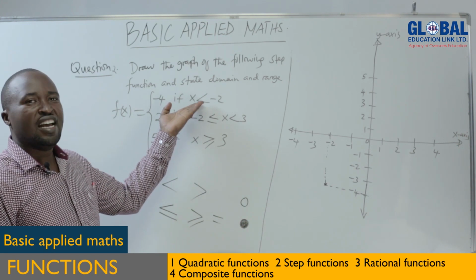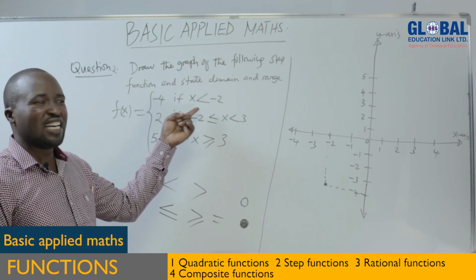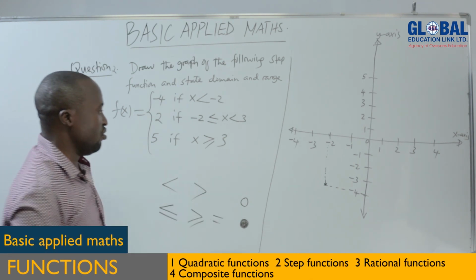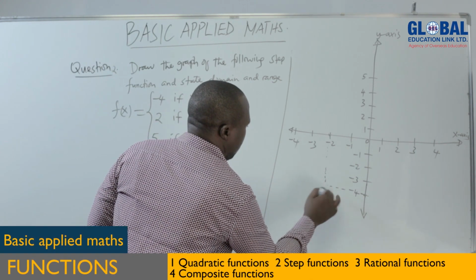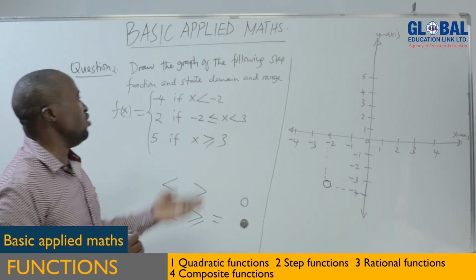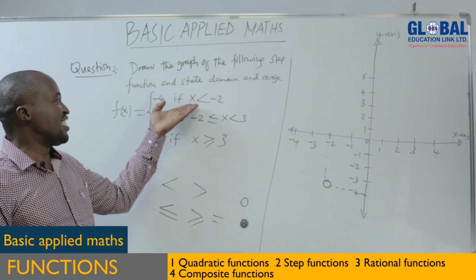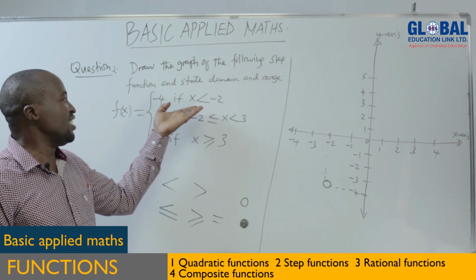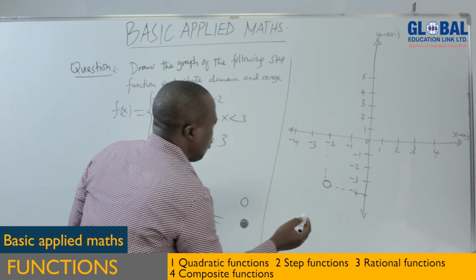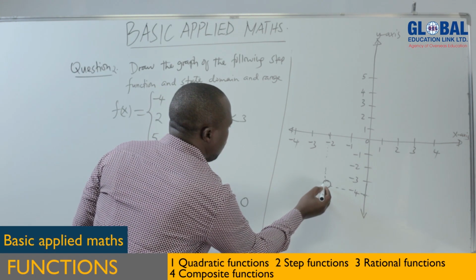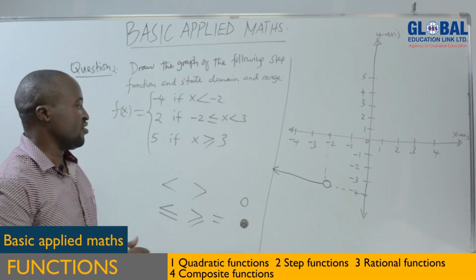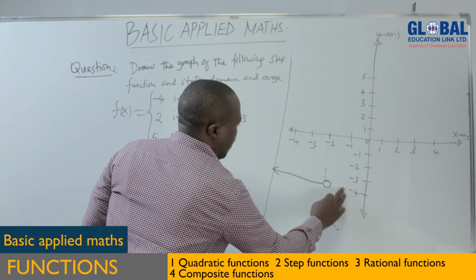Now here we have the inequality symbol less than, so of course we are going to use our unshaded circle. So we sketch a small circle like this, and then we interpret this condition: x is less than -2. We indicate values of x which are less than -2, which are on the left hand side. So we do like this.